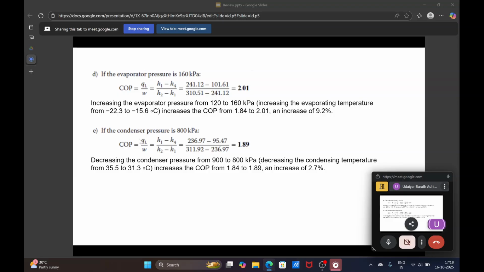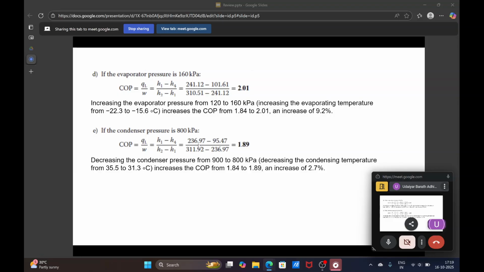Next is, if the condenser pressure is 800 kilopascal instead of 900 kilopascal. In this case what will happen is the enthalpies at 2 and 3 both will change, and it will affect the enthalpy at 4. Calculating the same way, instead of 900 you are now using the enthalpy at 800 kilopascal and 75 degrees Celsius, and saturated liquid.